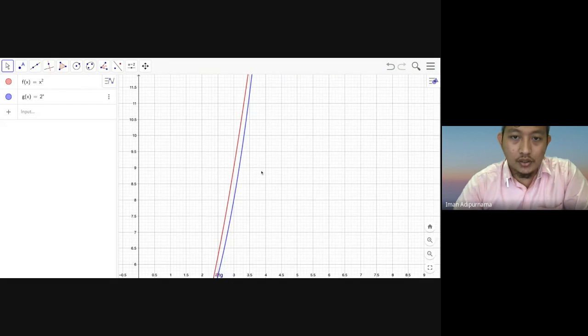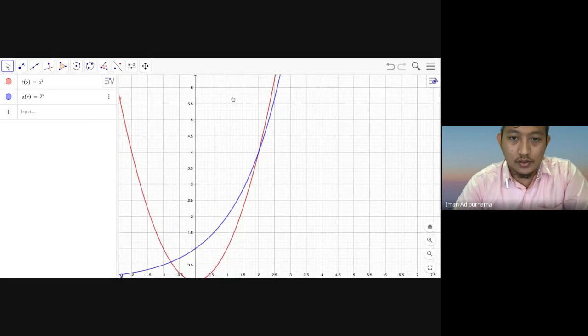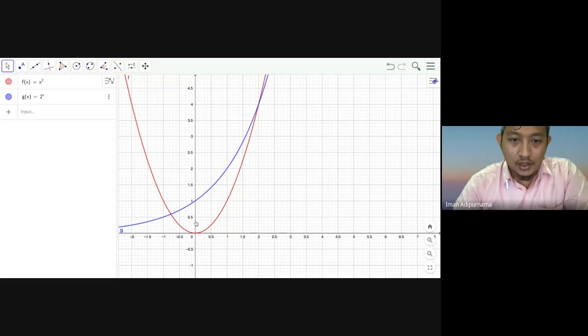Okay, let me go through slowly. At the beginning, let's just observe from x equals 0. From x equals 0, of course, in the exponential, 2 to the power of 0 is 1. And then x squared is still below the exponential, right?